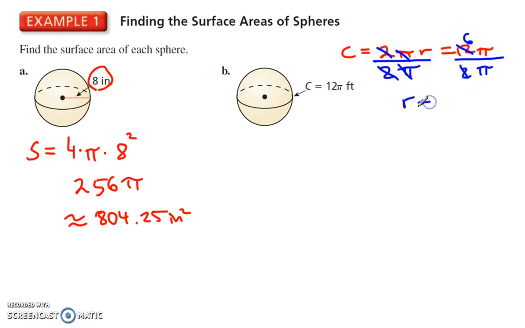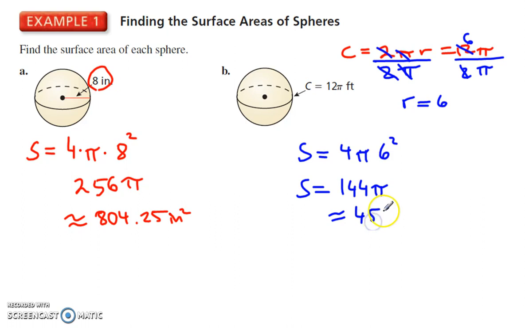So the radius here is 6. Then we go to surface area, which is 4 times pi, 6 squared, and calculate that. We get 144 pi, or approximately 452.39, and this is in feet squared.